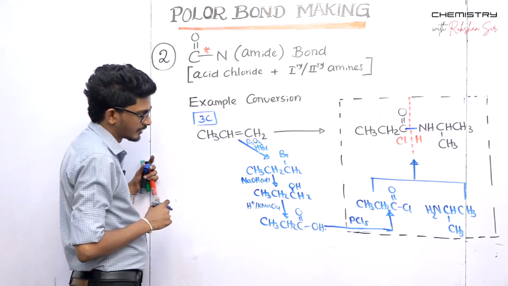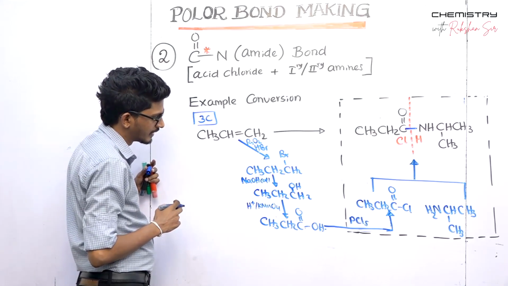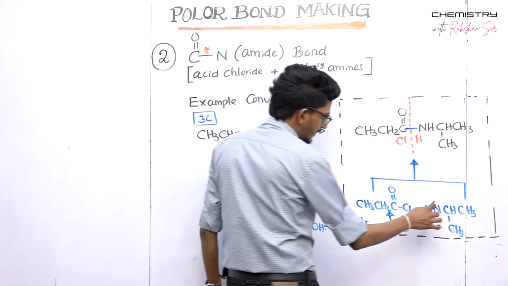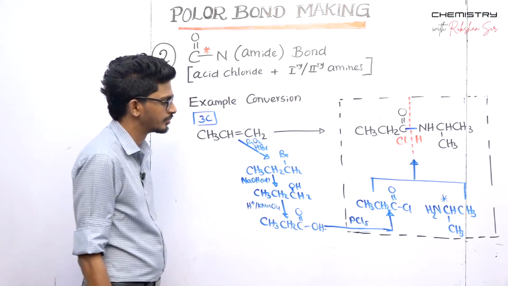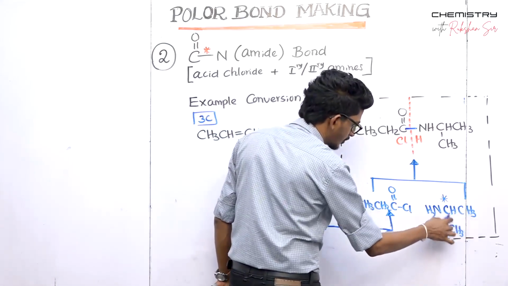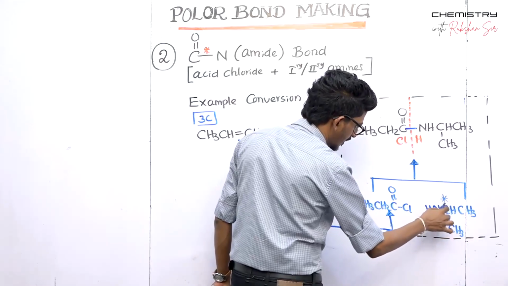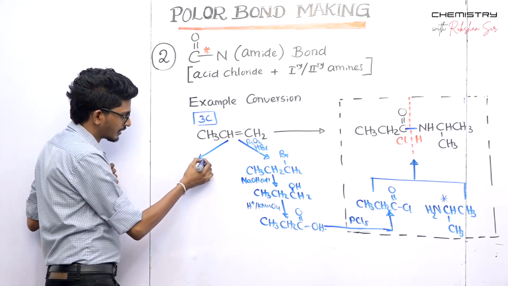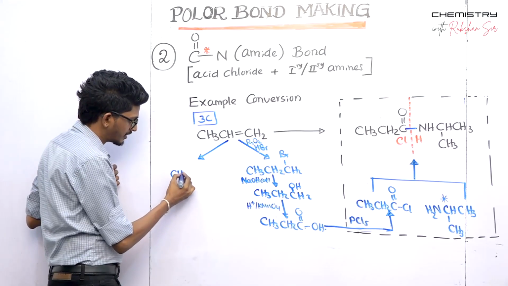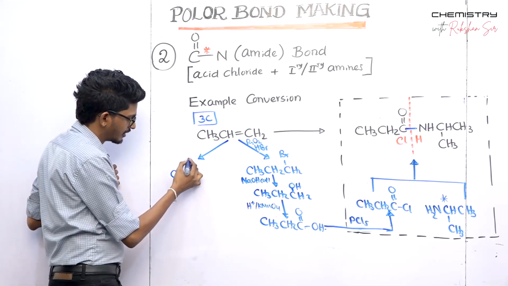So what you do, first of all, you have a center carbon as a functional carbon. So the functional group should be brought to the center. This is a 3 carbon situation, center carbon as a functional carbon. So just bring the functional group to the center. That can be done by a Markovnikov addition of HBr or OH both.